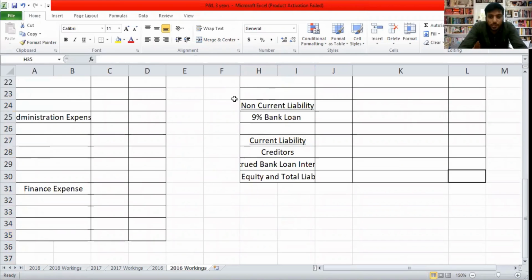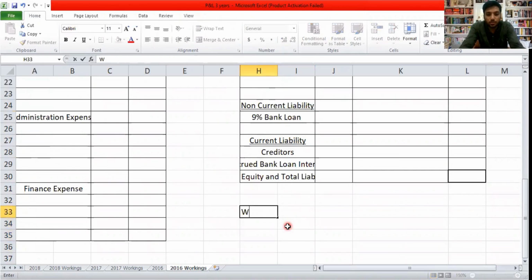There's no provision for depreciation on this sum. So let me record 150,000 as workings number one. We are going to do workings number one as machine depreciation.